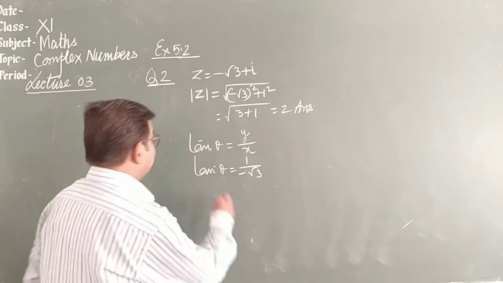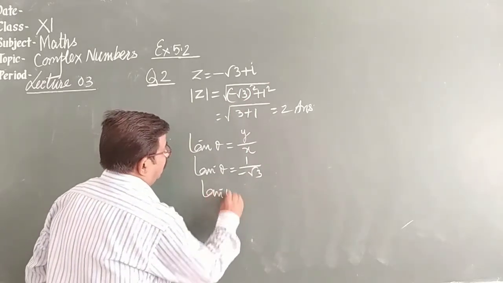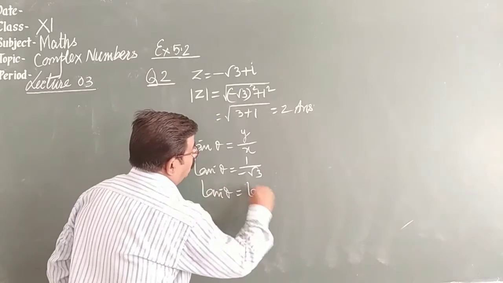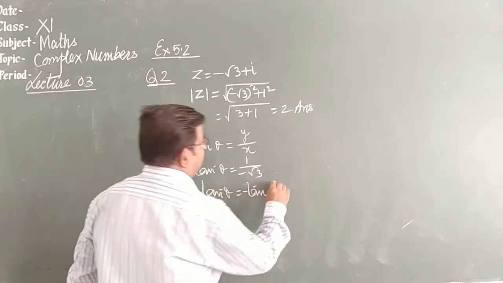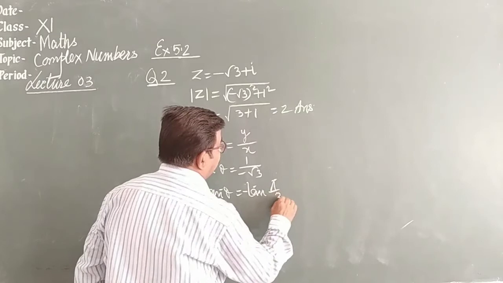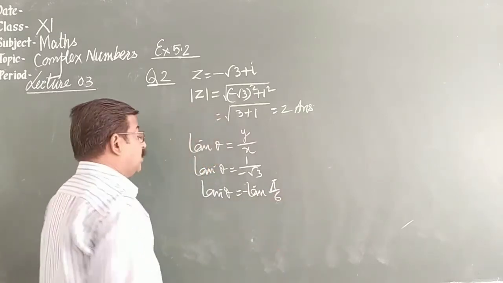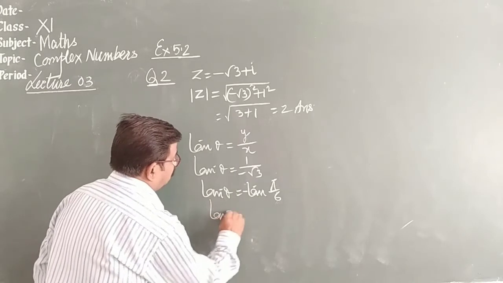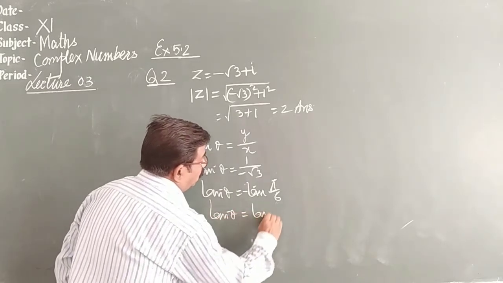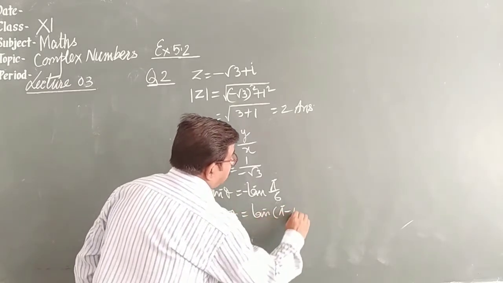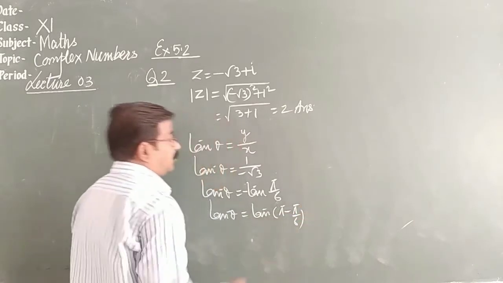So we will write like this. Tan theta is equal to minus tan pi by 3, sorry, pi by 6, or tan theta is equal to tan of pi minus pi by 6. It is in the second quadrant.